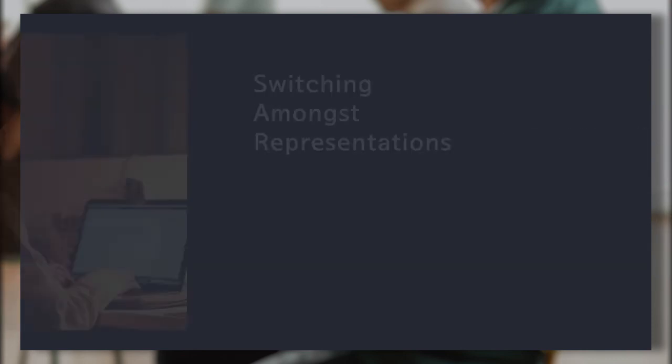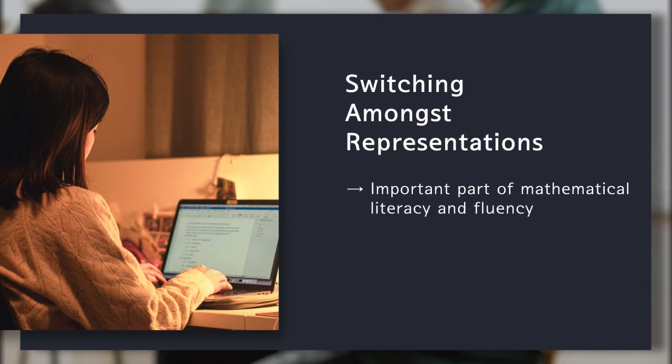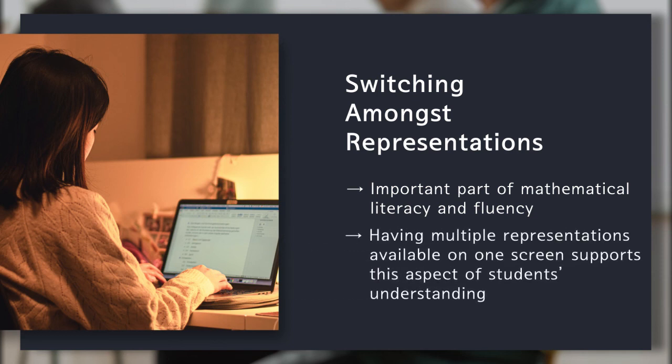In fact, students' abilities to switch amongst representations is an important part of their mathematical literacy and fluency. They need to understand what they're computing, and they need to see the implications of their computations. Having the multiple representations available on one screen supports this aspect of students' understanding.